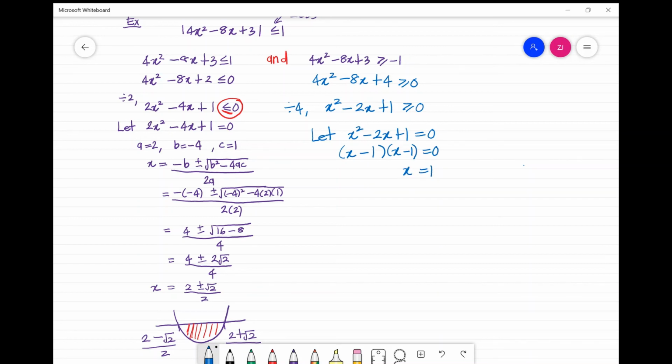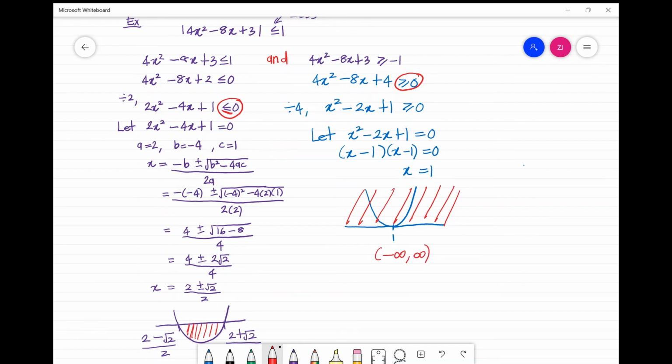If we draw the graph, this quadratic graph intersects the x-axis at one point only. Now we need to consider the region above the x-axis, so we consider all the regions here above the x-axis. So we consider all values, which means the answer will be all real numbers.